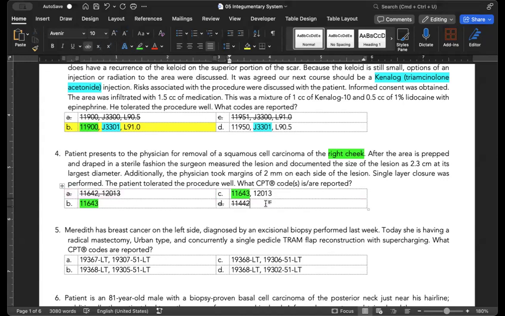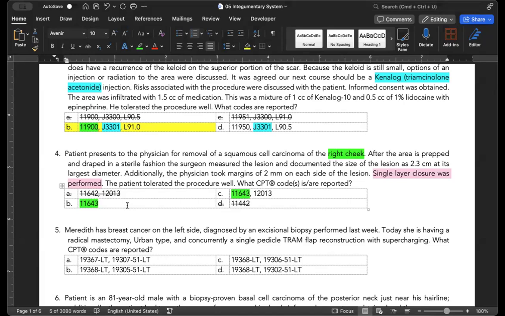And then the question begs, are we coding the closure separately? I would assume so, since it was a separate procedure. Okay. If we go look at our guidelines at the beginning of the excision of malignant lesions subcategory, it's on page 91 if you have the 2024 CPT.